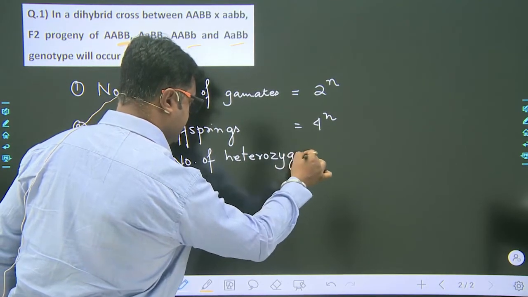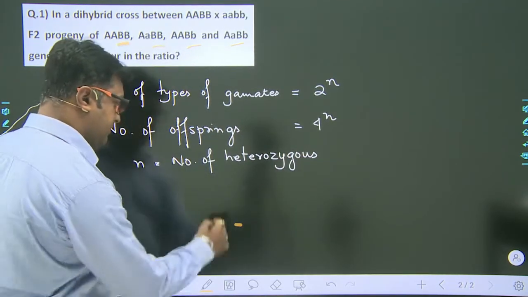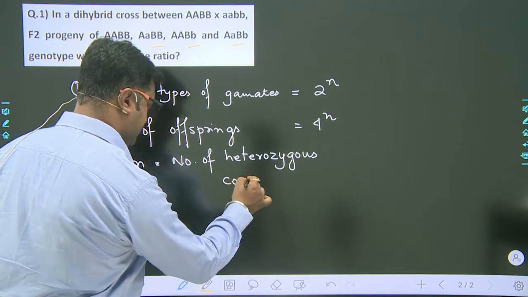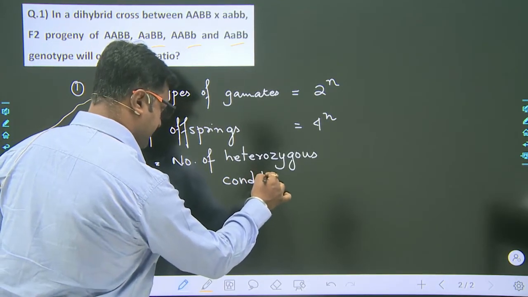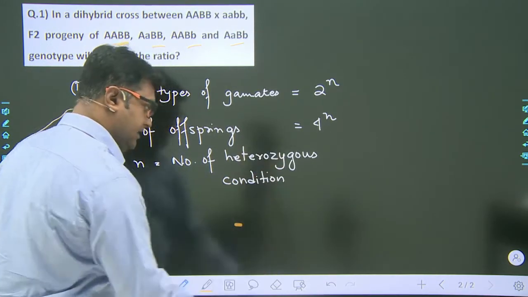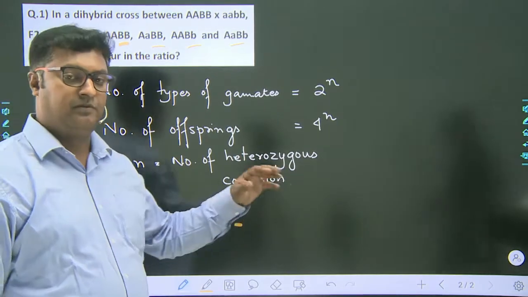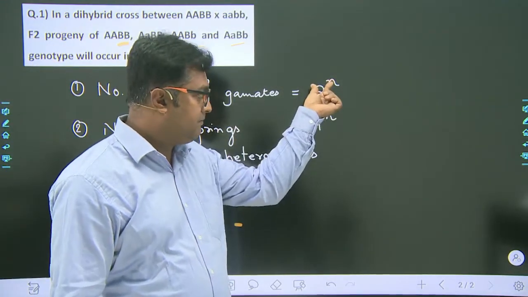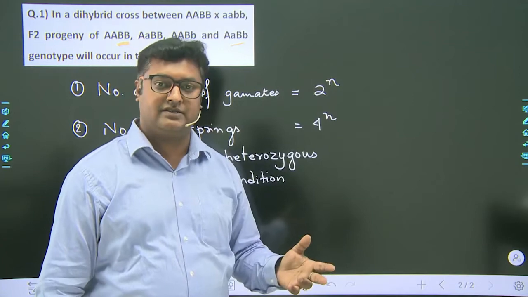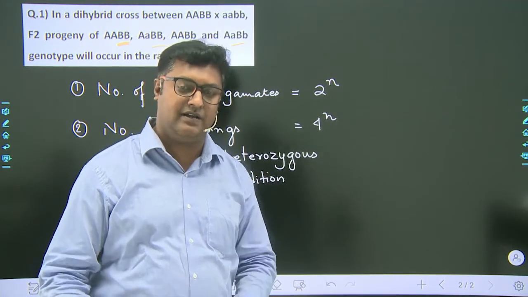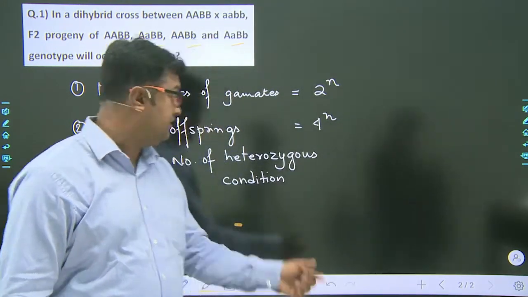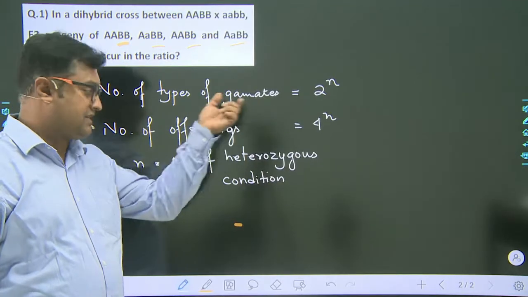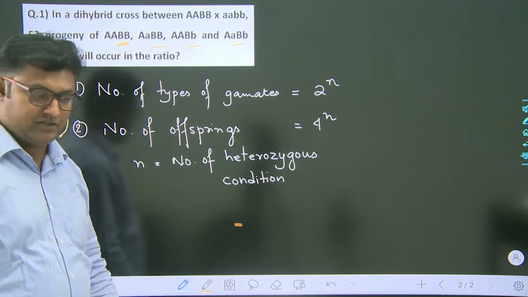We will first find the number of heterozygous conditions occurring in the question, and after that we will simply replace n with that number, be it 0, 1, anything, and we will get the number of types of gametes and the number of different offsprings.